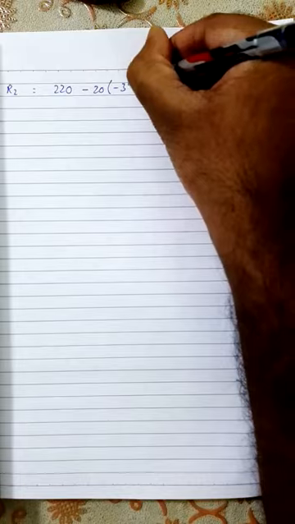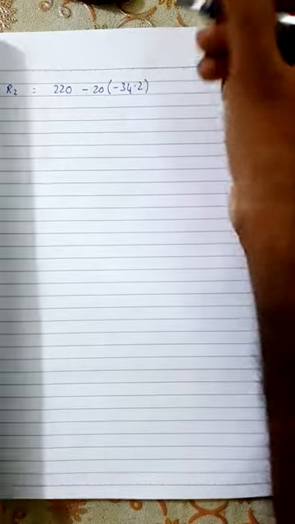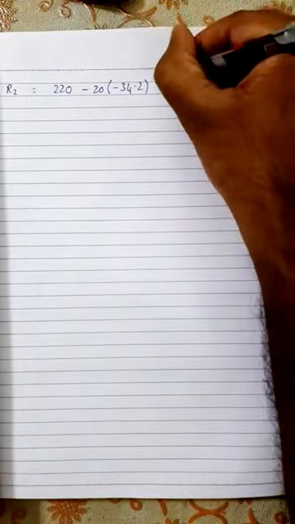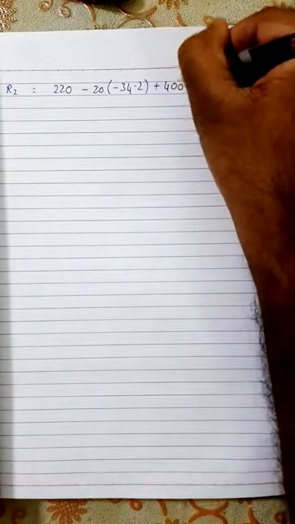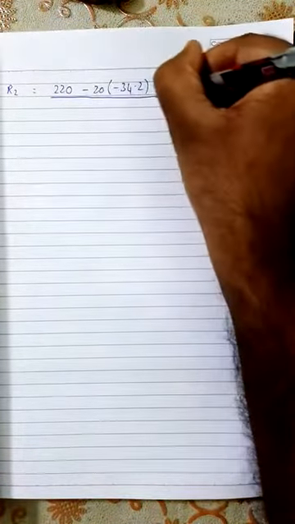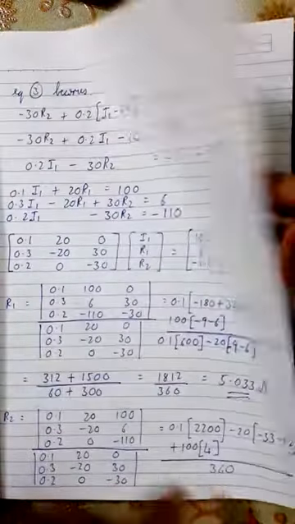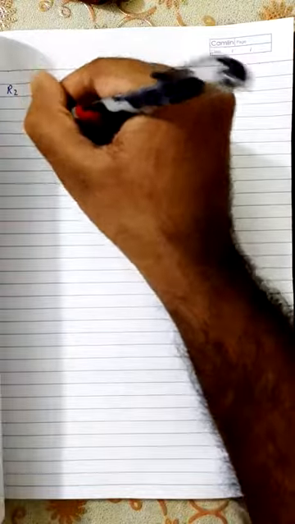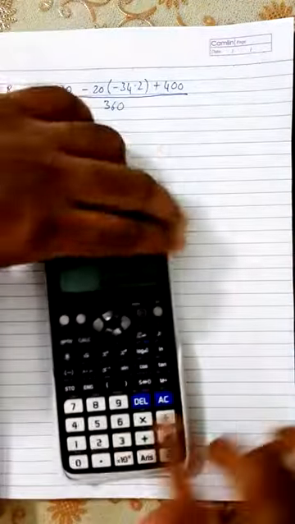So minus 34.2. Okay, and here it is plus 400, and the whole thing is divided by 360. This is the value of R2. Let's see what answer you get.